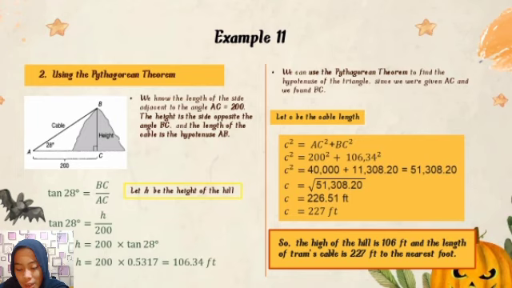The value of tangent 28 degrees is 0.5317. So h equals 200 times 0.5317, and the value of h is 106.34 feet.